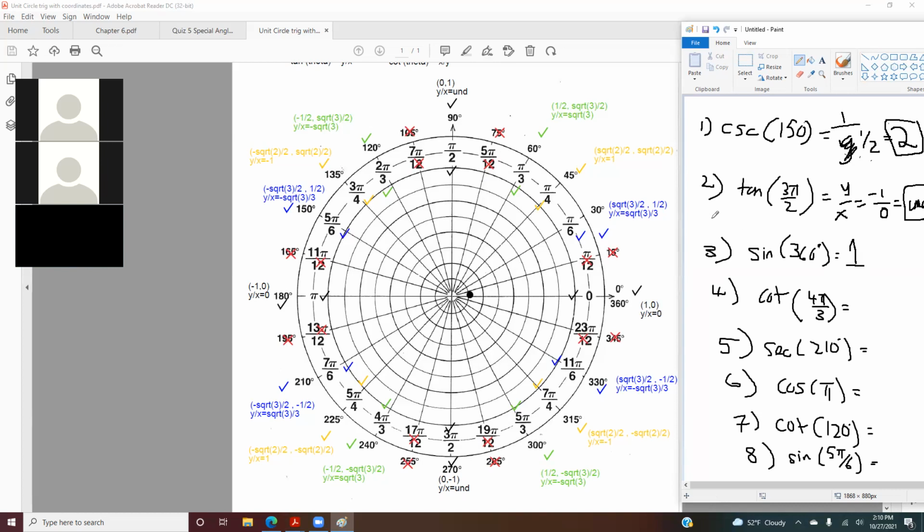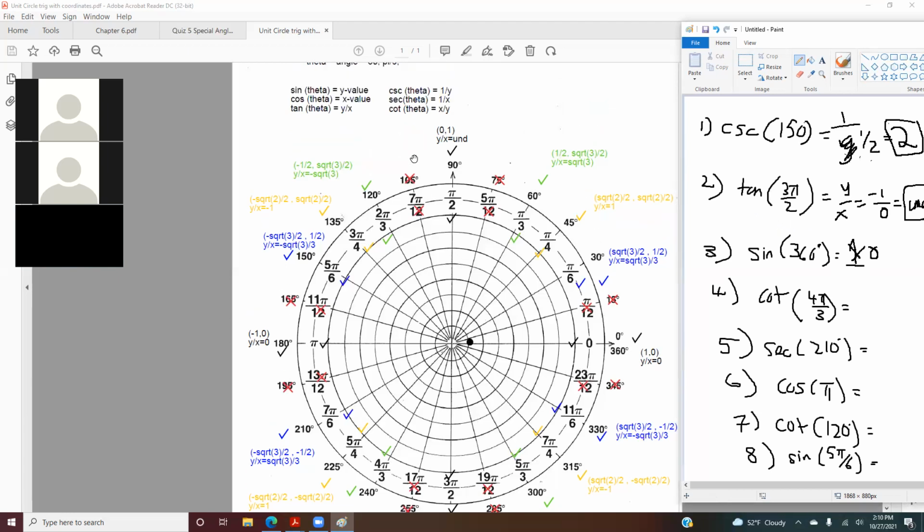Can someone tell me sine is the x value or the y value? Now he's changed it to 0 now. So sine is what value? X or y? Sine is the y value. And what is your y value in this case?